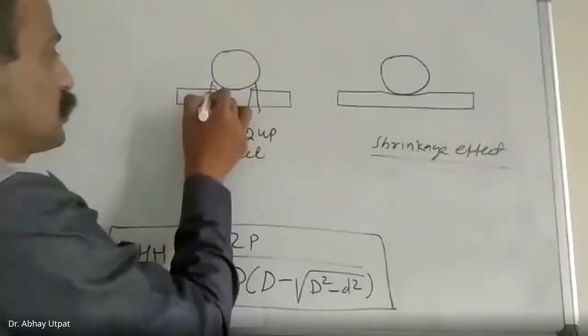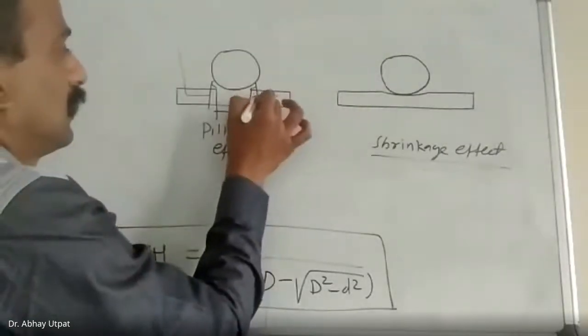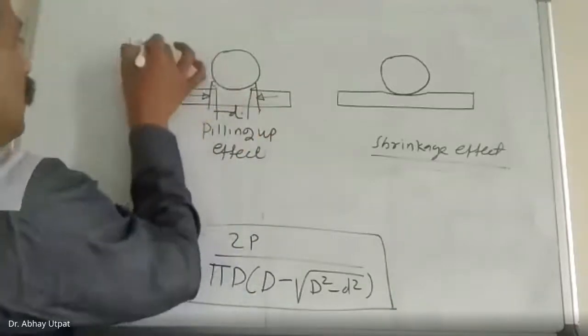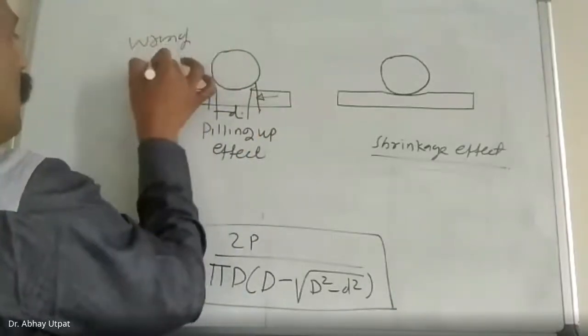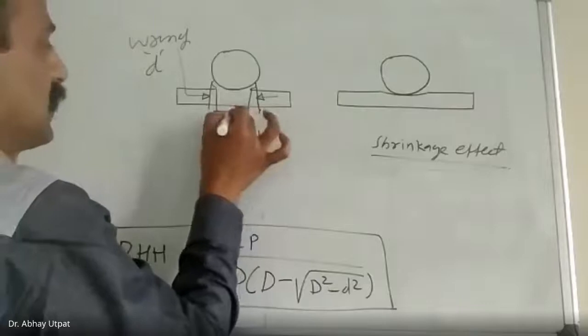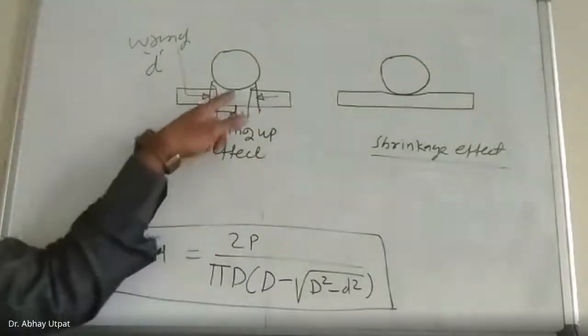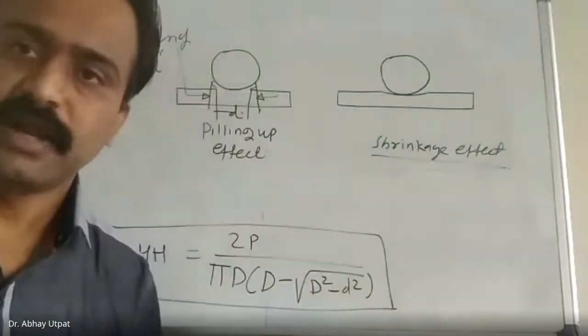So this is not the actual D. This is the wrong D, and this is the actual D. So there is an error in the hardness value.